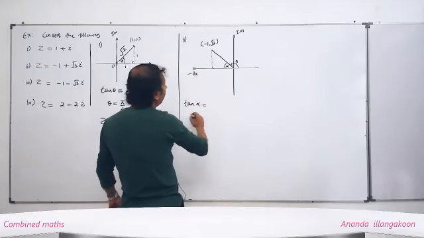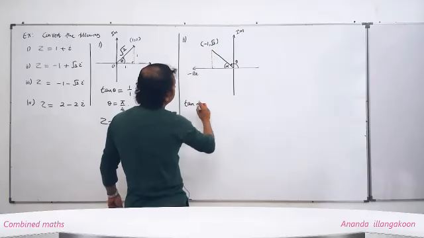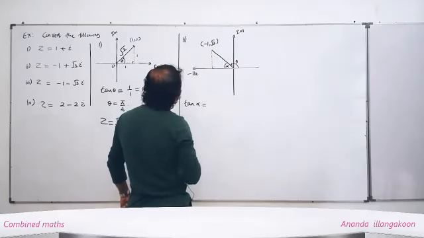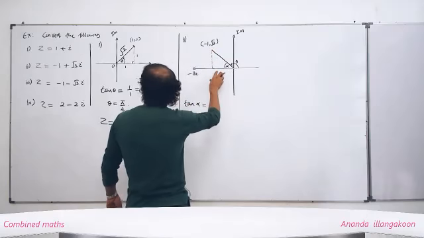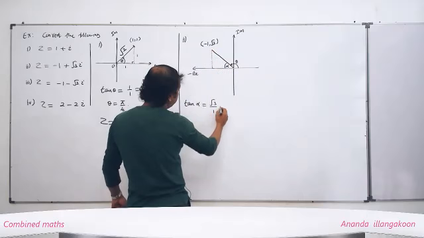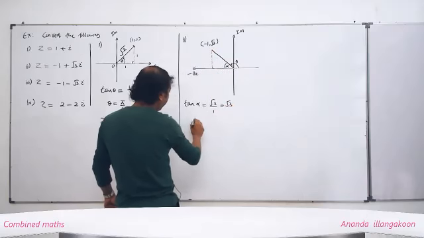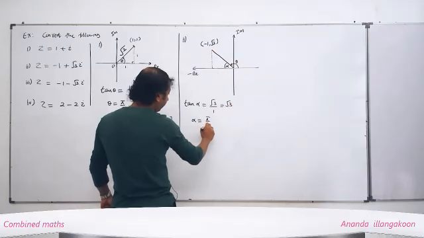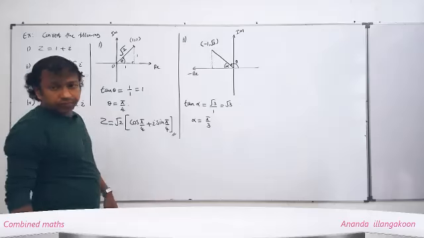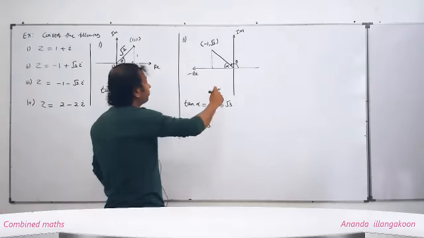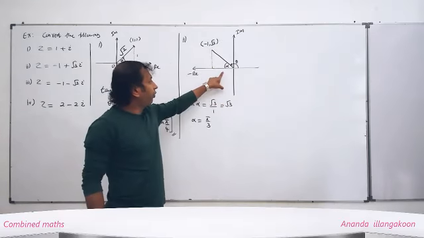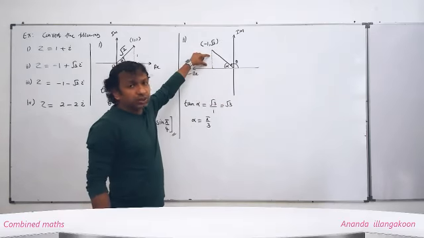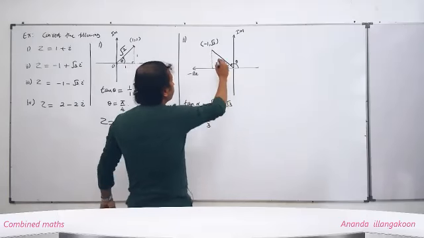This height is root 3 divided by, this is 1, root 3, so alpha is pi by 3. What is this length, people? Square root of 1 squared plus root 3 squared. That's 2, no? Right, this is 2.